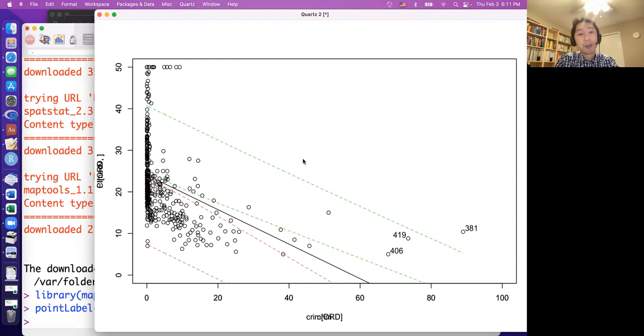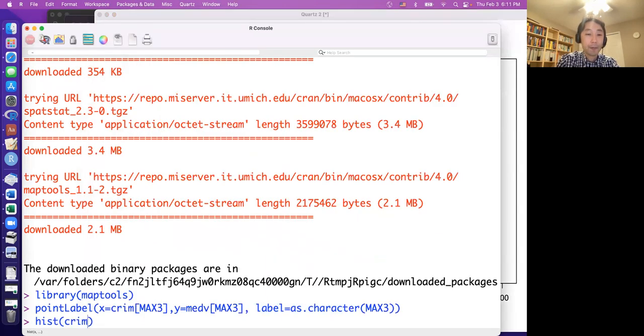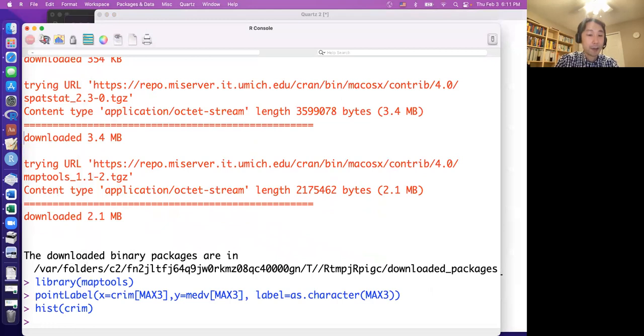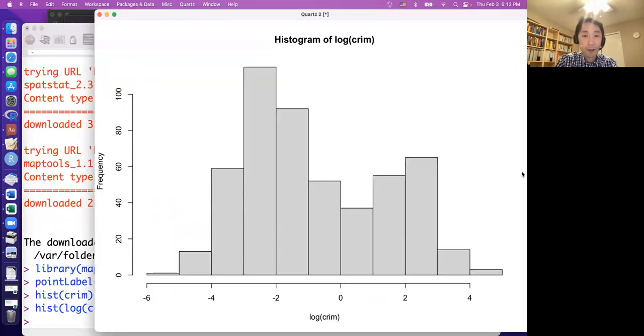Probably this is not the best way to regress the line because the crime rate is very skewed. So I would transform this maybe by the logarithm, but many values are close to 0. So I don't know, maybe log of crime rate here. Yeah, I think it looks nicer.